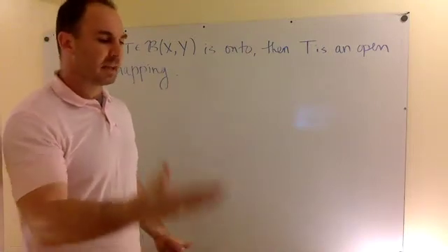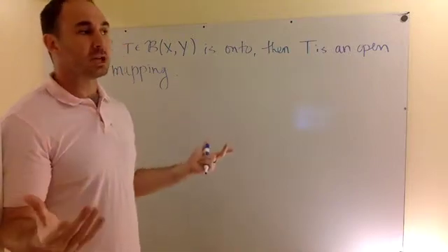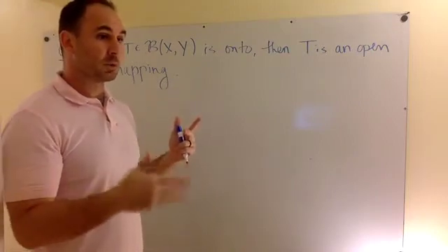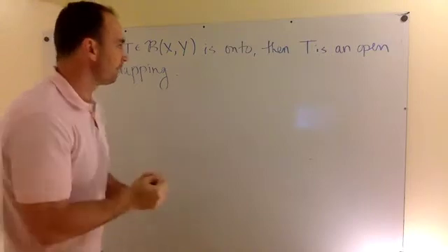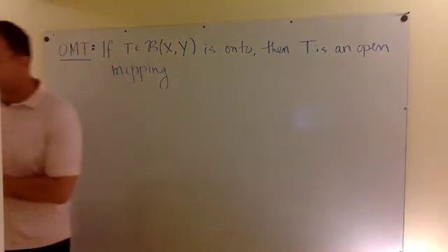If you think about it, the inverse is going to be continuous if it exists. And so that's the bijective version of the open mapping theorem. If T is a bijection between two Banach spaces, then its inverse is continuous, hence bounded. Okay, so let's get down to the proof.